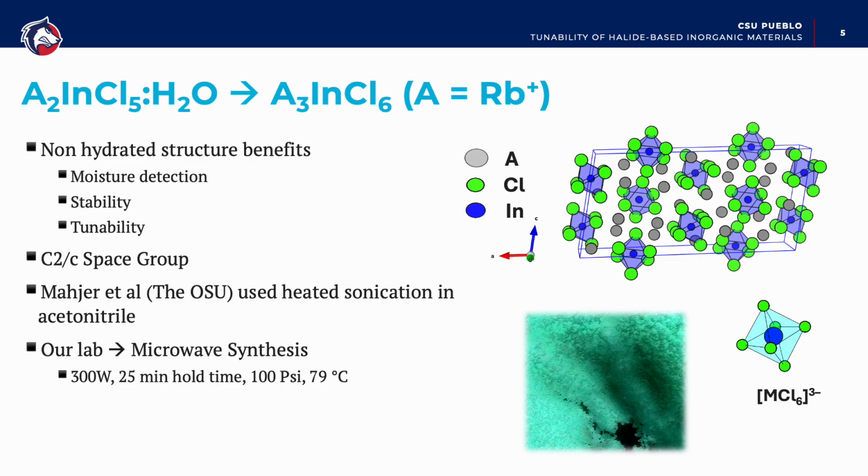What ended up working for us was using our microwave instrument and the following parameters. As you can see, 300 watts, 25-minute hold time, 100 psi, and 79 degrees Celsius. These power, pressure, and temperature thresholds were very important to the success of the synthesis with the microwave instrument.